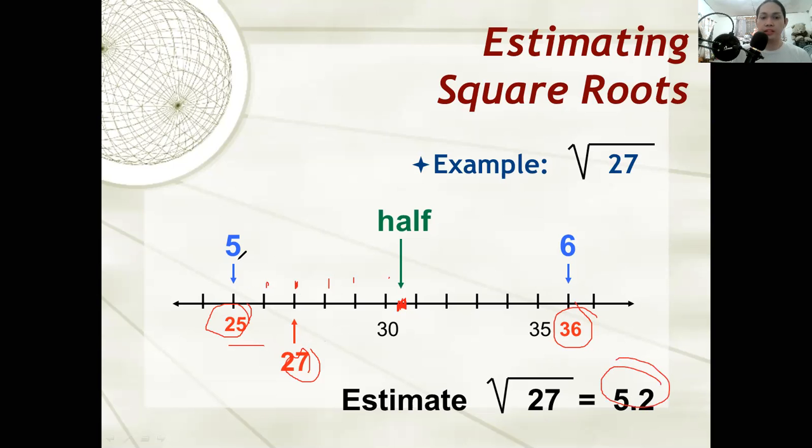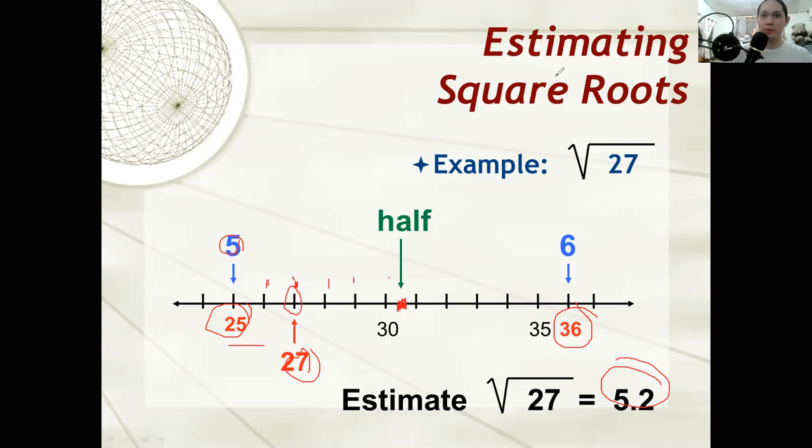Again, we got it from 5, 5.1, 5.2, since 27 is located here. That's how you approximate square roots, estimating square roots where your radicands are not a perfect square.